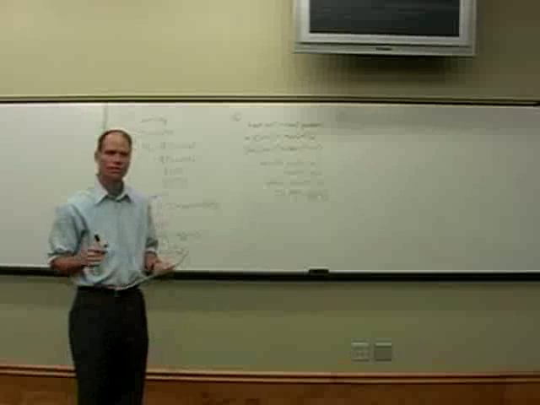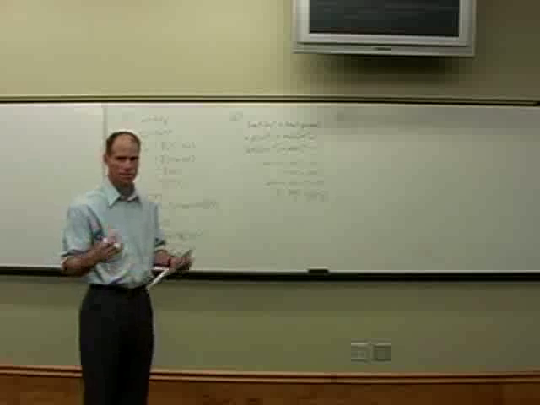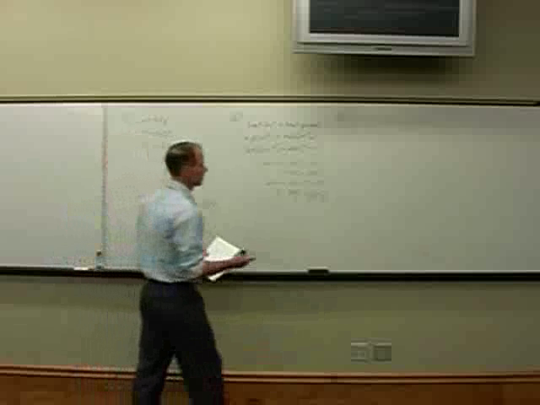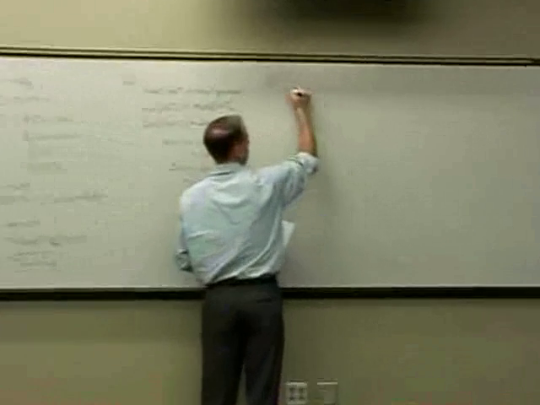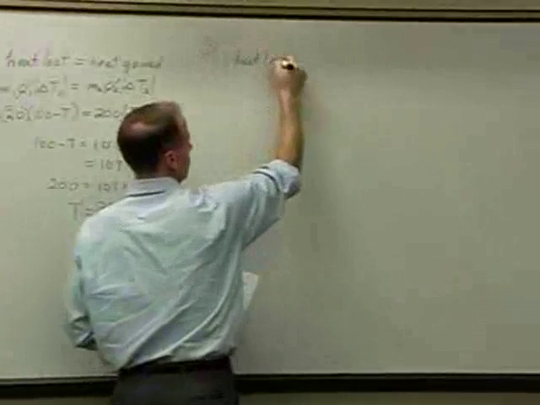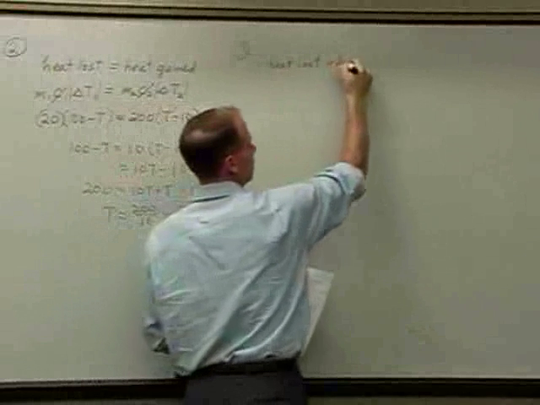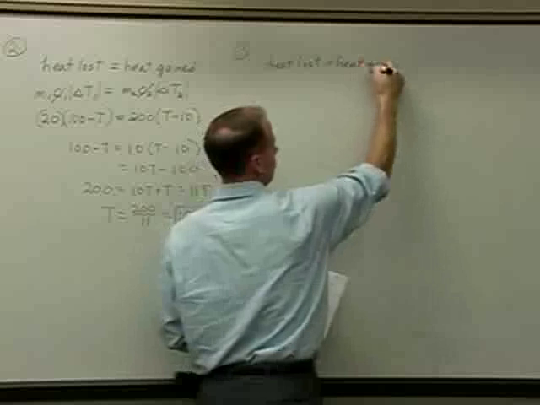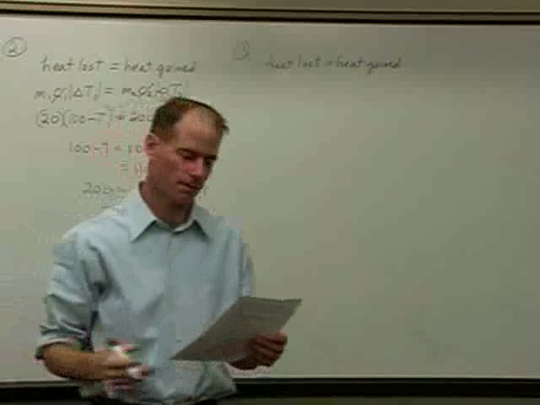All right, we're going to approach this in a similar way as the last problem, only this time we have lead as our hot object and water is the other object. So we'll say again that the heat lost by the lead should equal the heat gain, at least in magnitude, by the water.